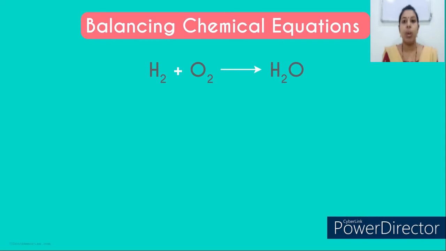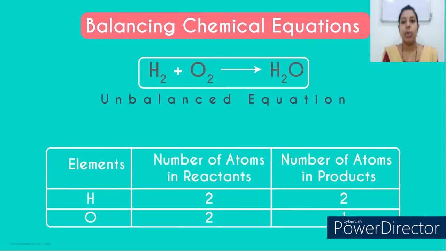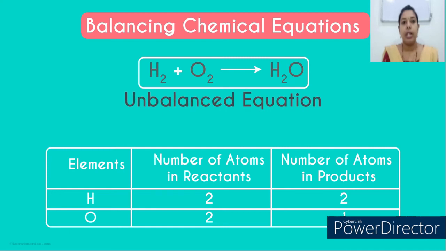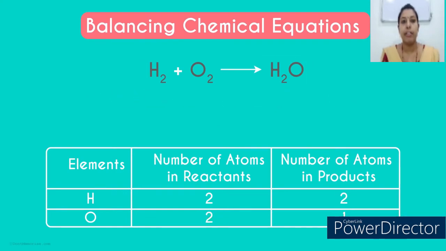Hydrogen reacts with oxygen to form water, and we see why this chemical equation is unbalanced. The number of oxygen atoms on the left side is not equal to the number on the right. Thus, one oxygen atom on the right and two on the left.